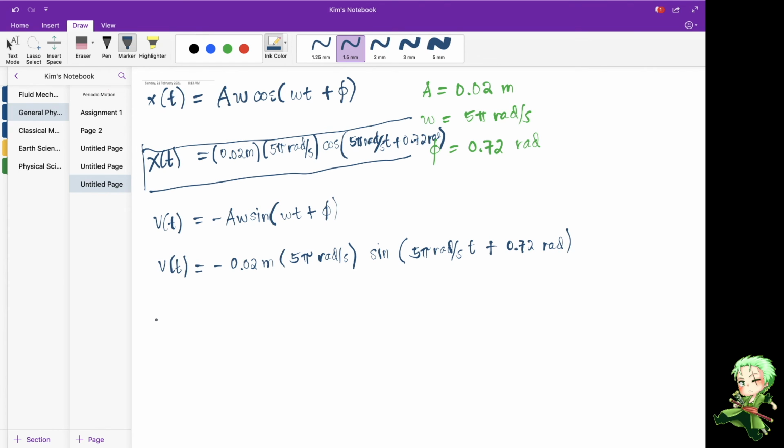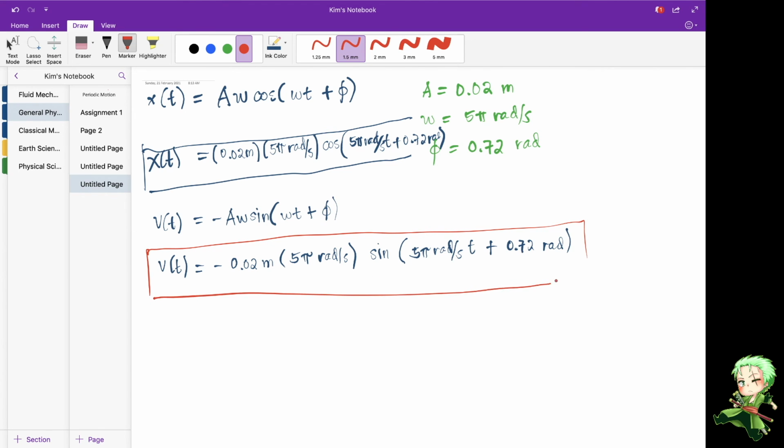And for the last, you're going to find the acceleration as a function of time. So the acceleration as a function of time is simply negative A omega squared, or omega squared A, whichever works for you, cosine of omega t plus phi.